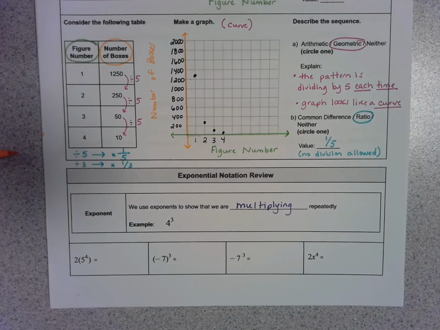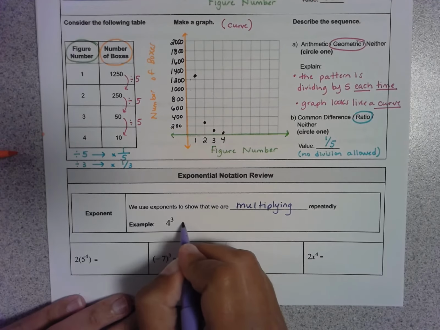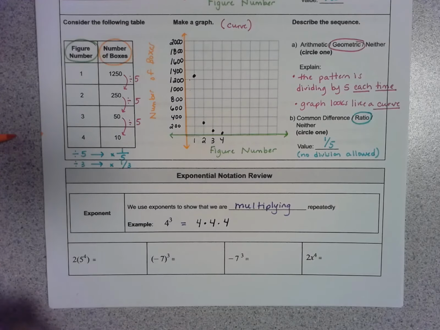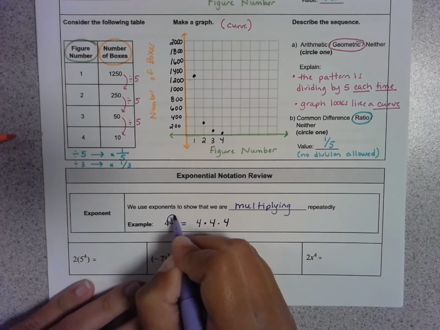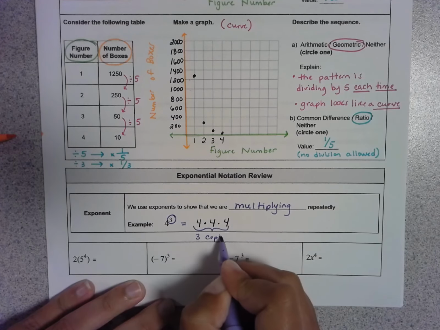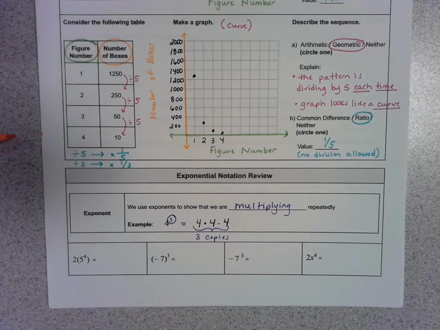So you can imagine if we're going to have patterns where we multiply over and over again, we're going to use exponents to describe them. For example, 4 to the third power tells me to put the number 4 three times with multiplication between them. And I know that there should be 3 copies of the number 4 because the exponent was a 3.